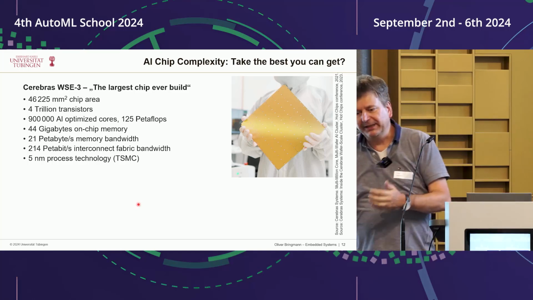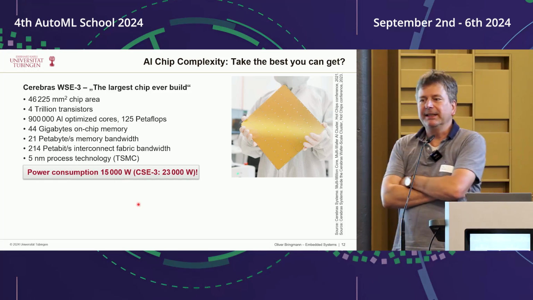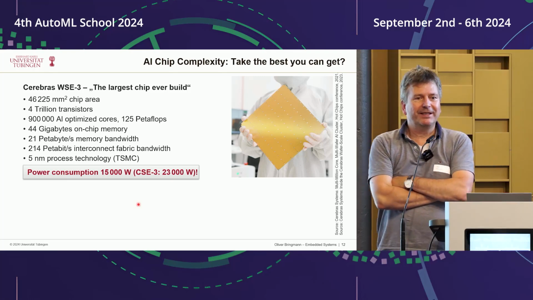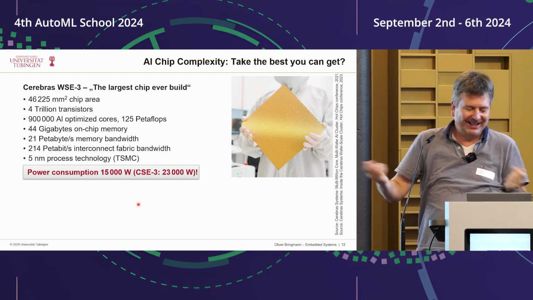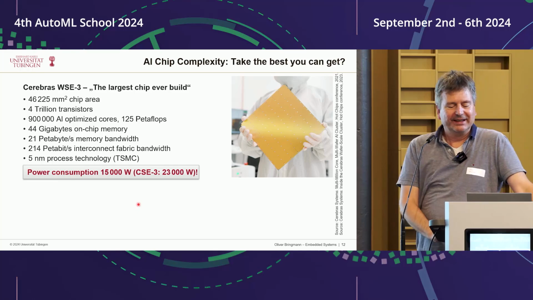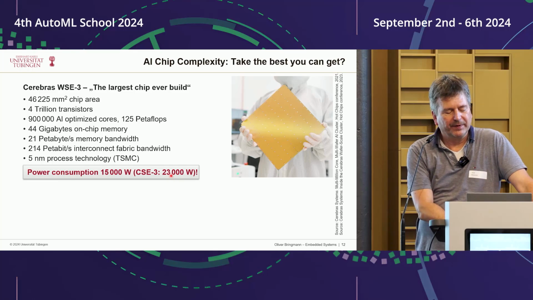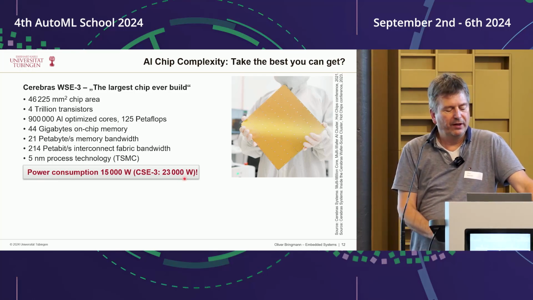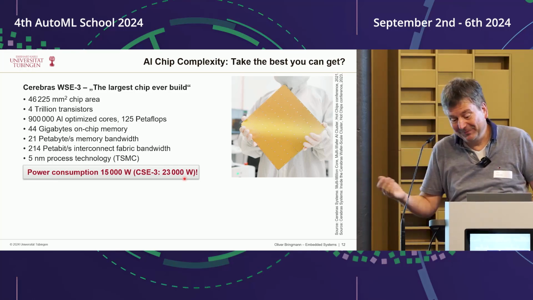But if you think all is getting better, let's see what is happening. A single chip has a power consumption of 15,000 watts. A single chip, and they need a large number of chips, and they already sell that in larger devices. The chip is on a card, the card needs to be cooled, and the card has a power consumption of 23,000 watts, even more.